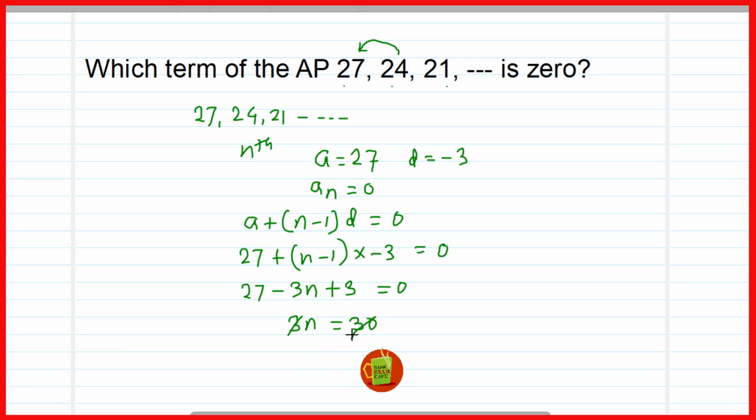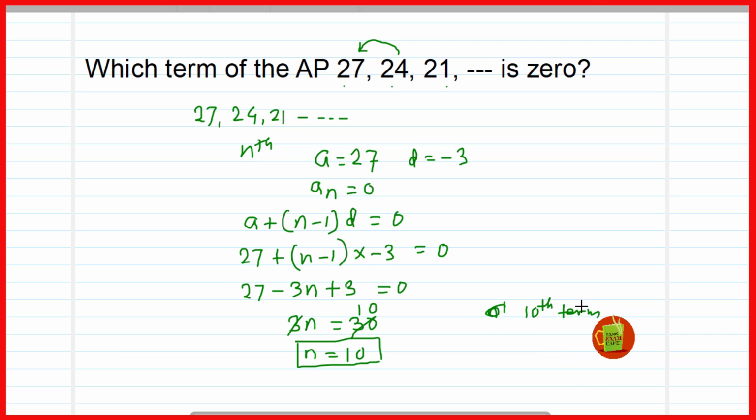So 3 1s are 3, 3 10s are 30, and therefore n is equal to 10. So we have got n is equal to 10, highlight this, and therefore the 10th term will be 0. So 27, 24, 21, then minus 3, minus 3, if you go on doing like that, you will get the 10th term, that will be 0.